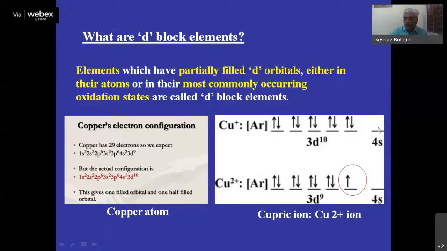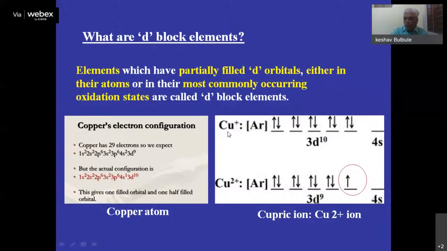That means even in the cuprous state, it has no incompletely filled d subshell. All the d orbitals have paired electrons only. When you compare the copper compounds in the cuprous state and the cupric state, 99% of the copper compounds have the cupric ion and not the cuprous ion. Most of the cupric compounds are more stable than the cuprous compounds.